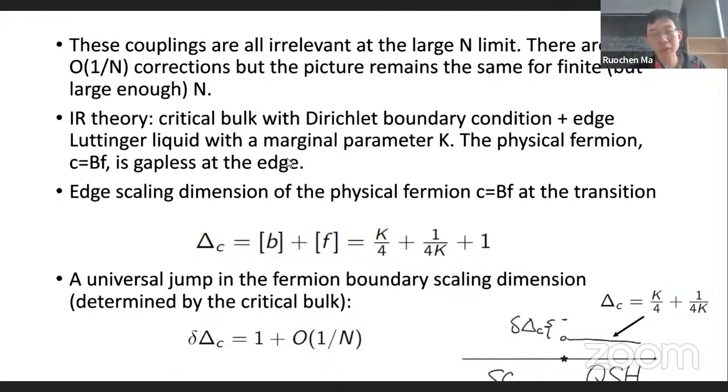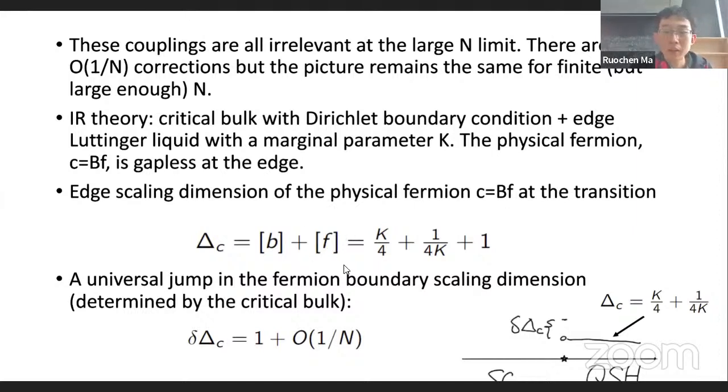And with this knowledge, you can already calculate a lot of scaling dimensions of interesting operators on the edge, but probably the most entertaining one is the scaling dimension of a single physical electron, the fermion C at the transition. Since these two sectors decouple, its scaling dimension is simply the summation of the B sector and the F sector.